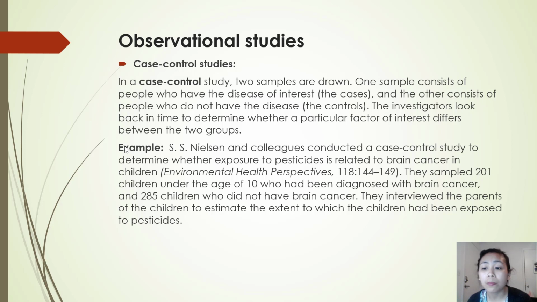They interviewed the parents of the children to estimate the extent to which the children had been exposed to pesticides. So here we have two groups, the group diagnosed with brain cancer and the group without brain cancer. So this is case control.